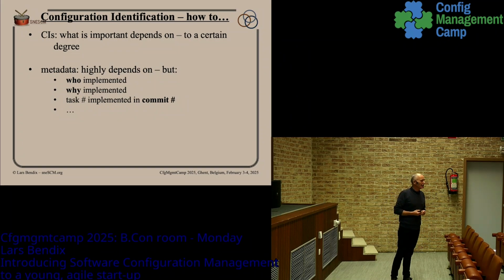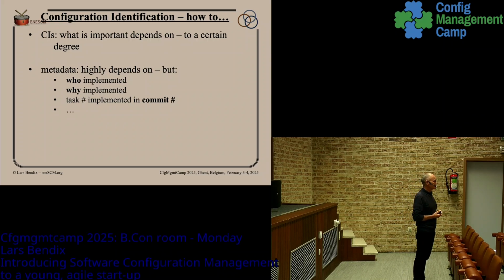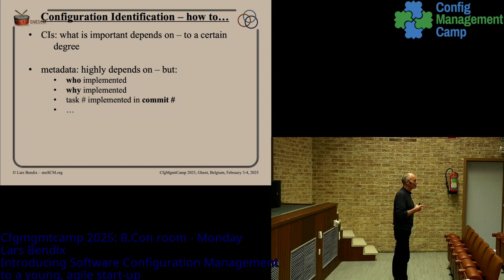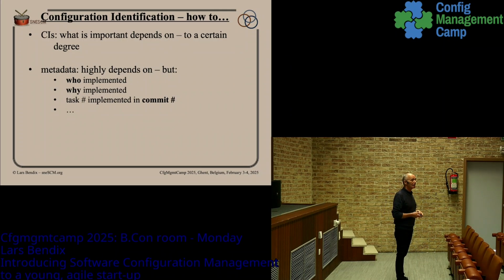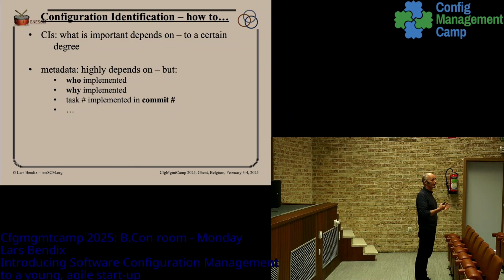Git is not very useful as a database because apart from the configuration items, we also want to have information about these configuration items, metadata. We want to be able to have attributes, who created this version, and we want to have information about why this story was implemented, why this feature was implemented.